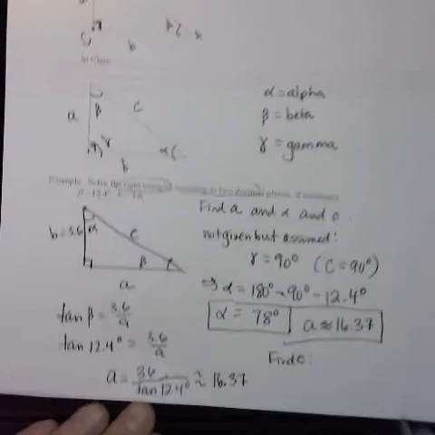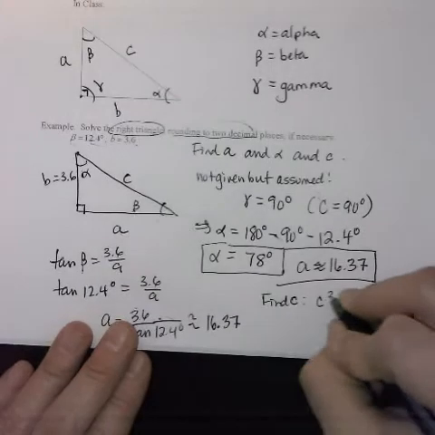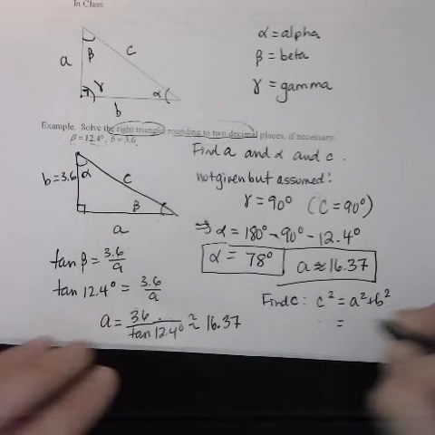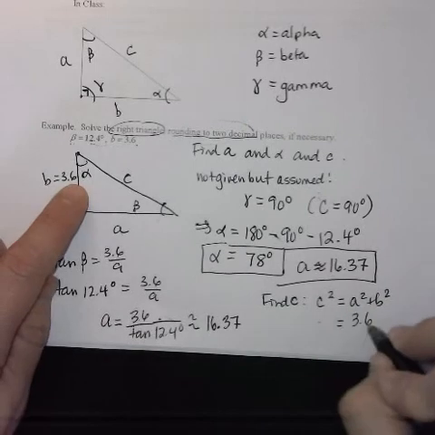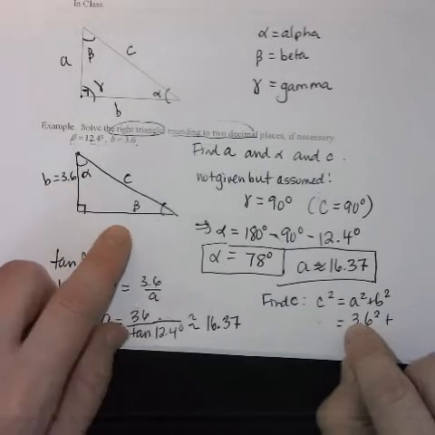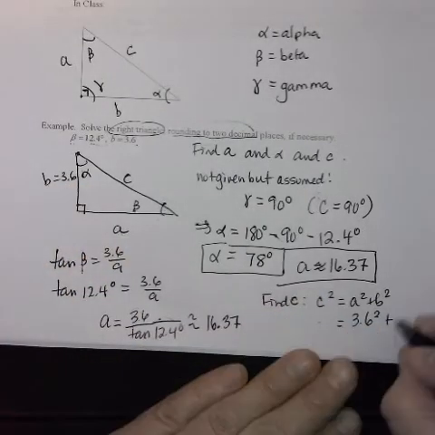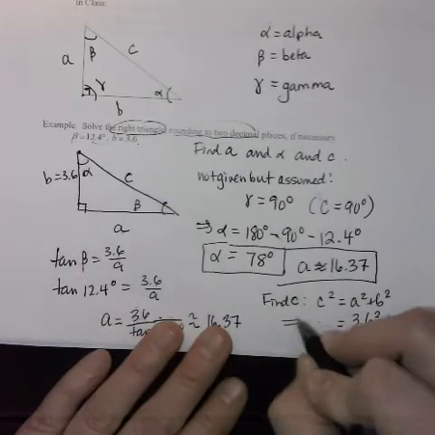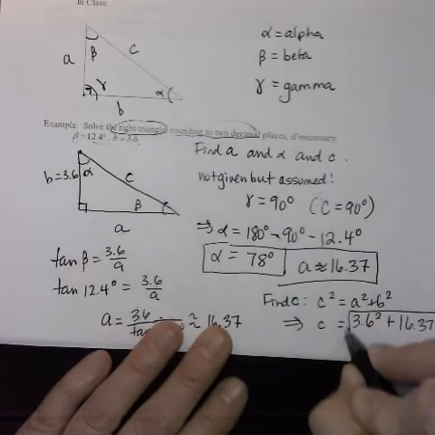Now we find c, which of course we'll use the Pythagorean theorem for. So that's 3.6 squared, well that's actually b, but that's okay, plus 16.37 squared. Here, let's make that c and then take the square root.